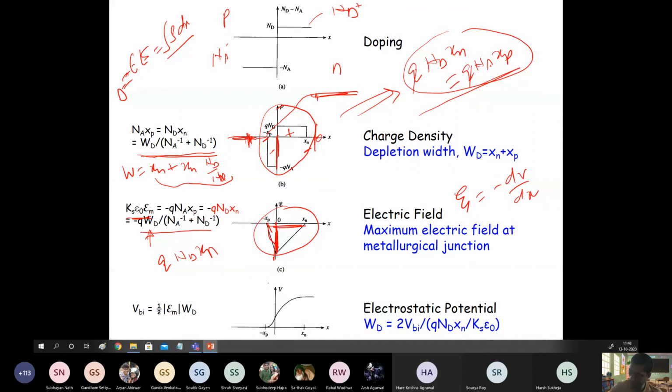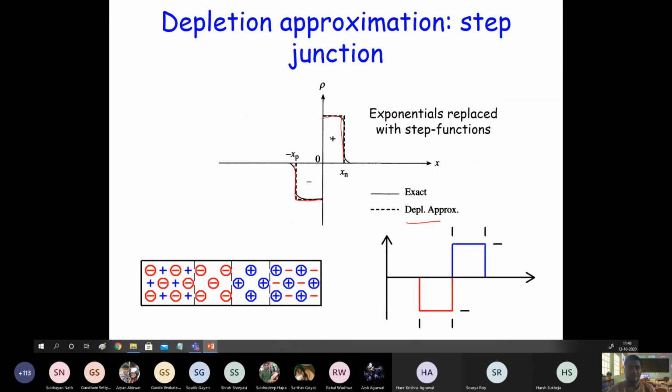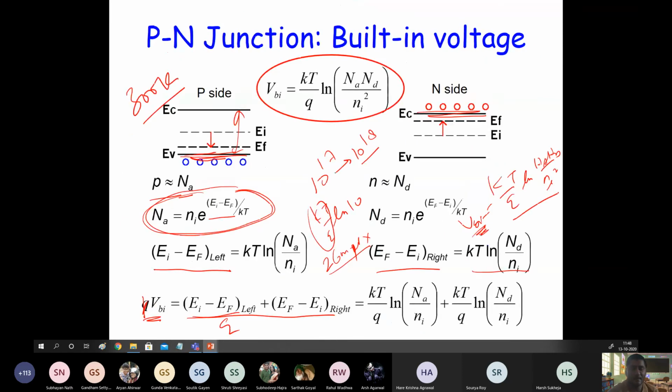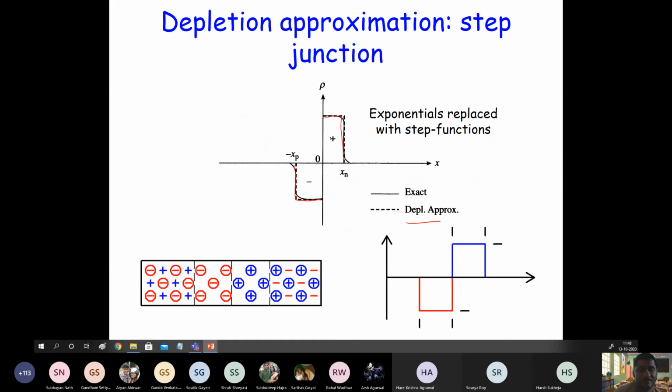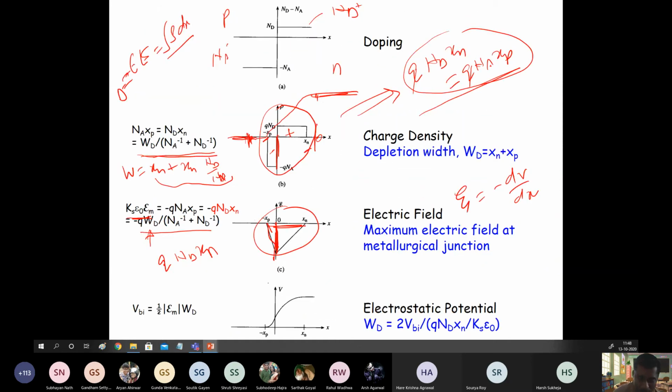So in terms of E max, you can express the built-in potential. The built-in potential we have already calculated in terms of log of Na Nd by Ni squared. If you know the doping, you know the built-in potential, and you can use that to calculate the depletion width. The depletion width will be simply 2 VBI by E max.